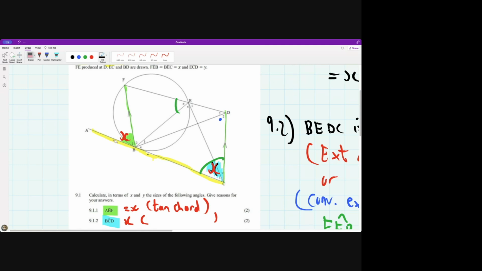So I think this is an upside down F. And so this is going to be corresponding angles, and the parallel lines are going to be BF parallel to CD. So I've got that's an X and that's an X. Give me a thumbs up if you followed that. Oh, see, Colin got that perfectly.